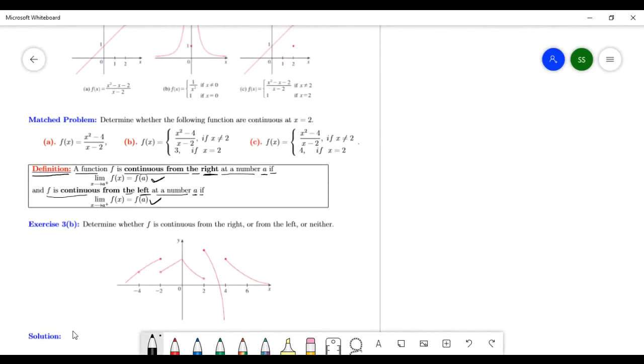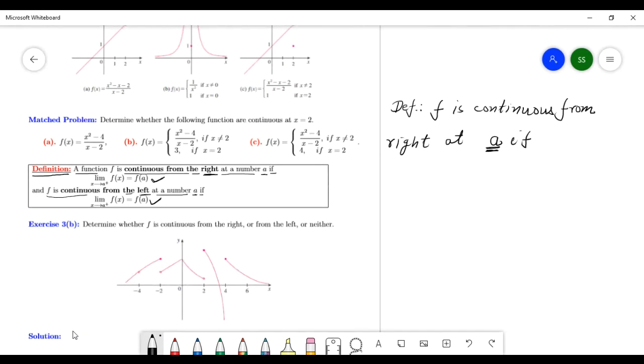Let me write here the definition. Function f is continuous from right at this number a.